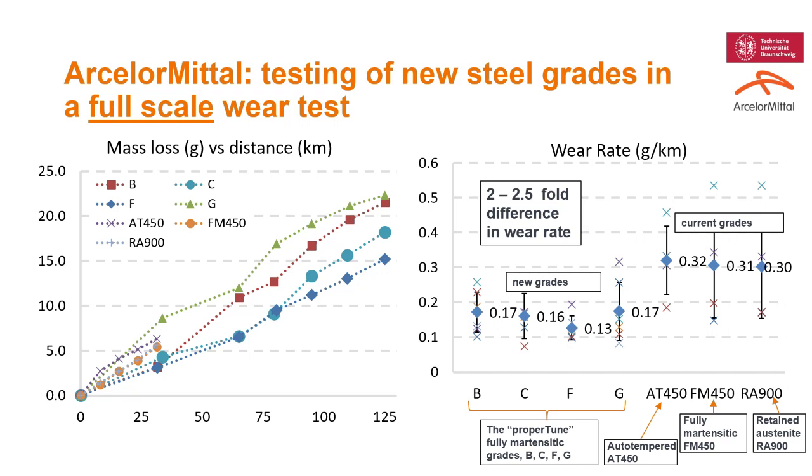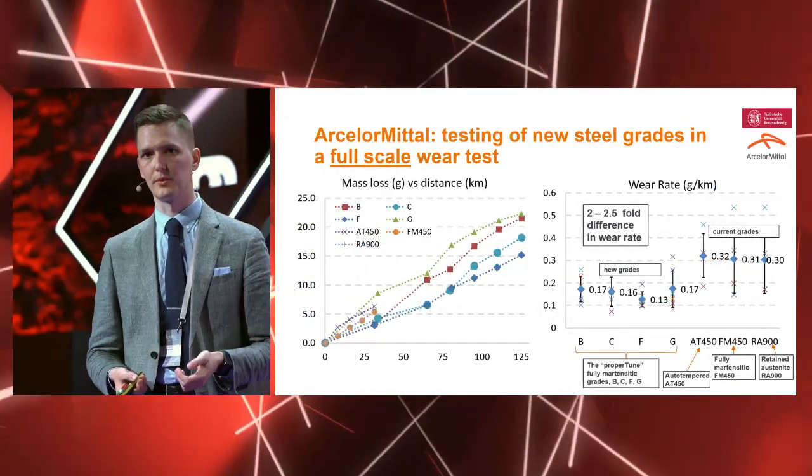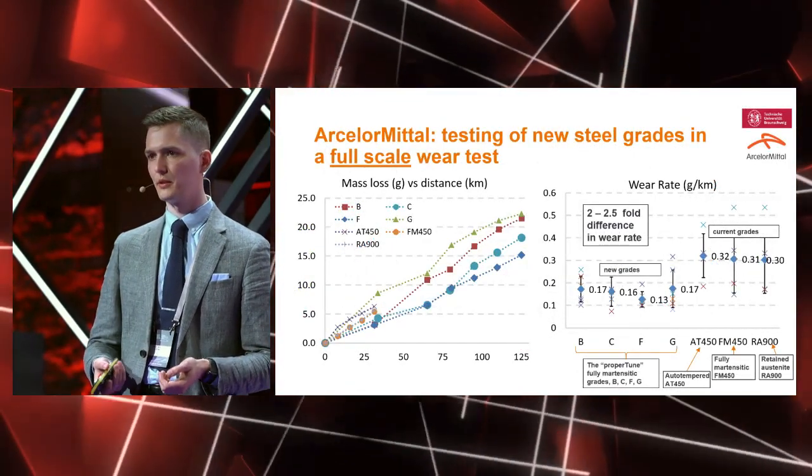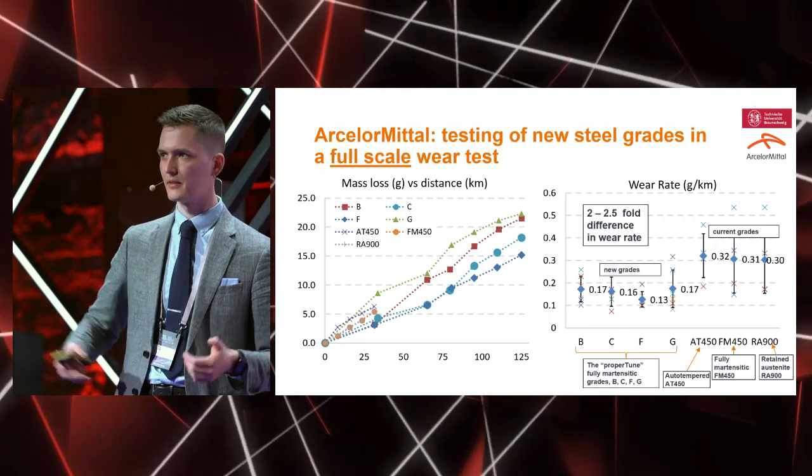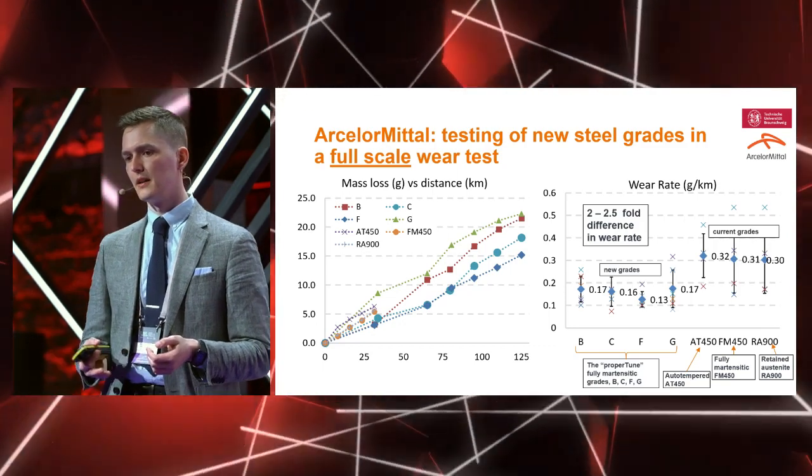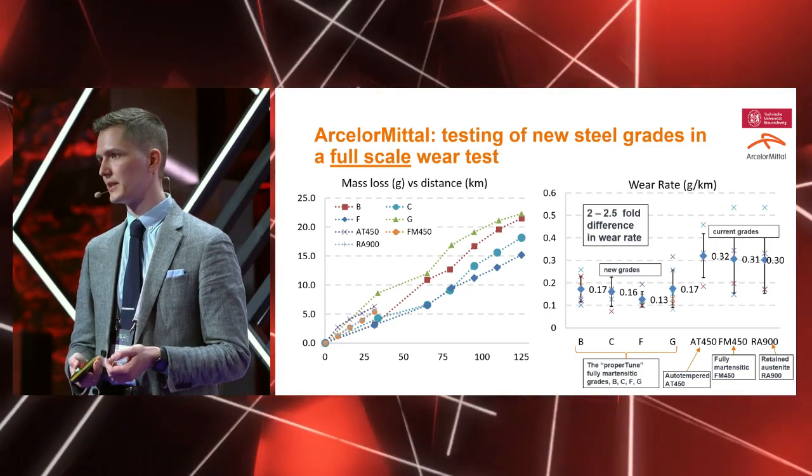We see that 3 of them have better performance than the old ones. And if we compare the wear rate, we see that the current grades have about 0.3 grams per kilometer, while all of the new ones, taken over a sufficient distance, have about 0.17.